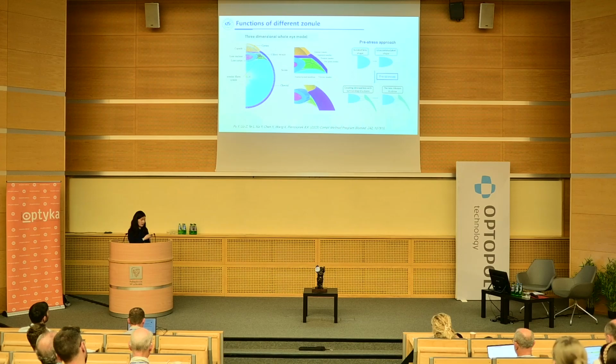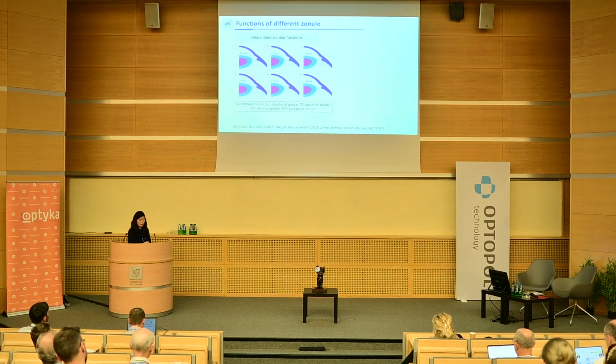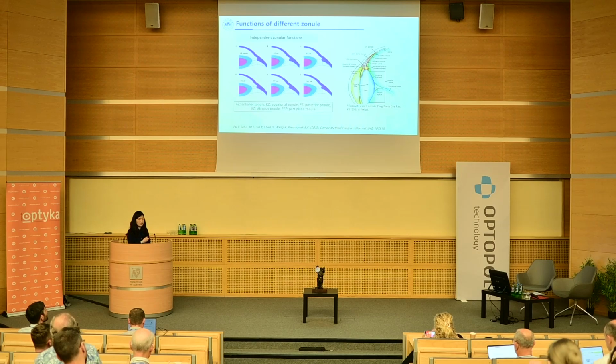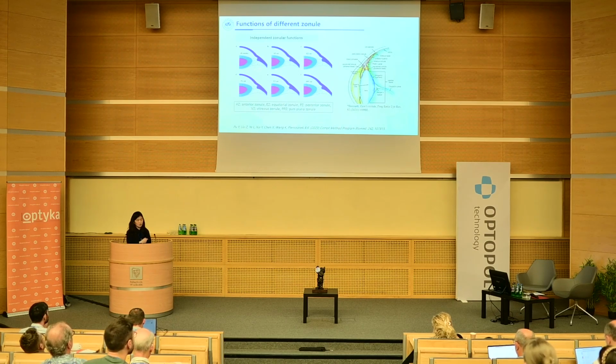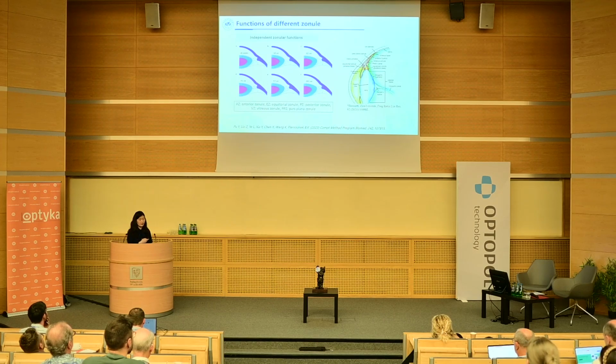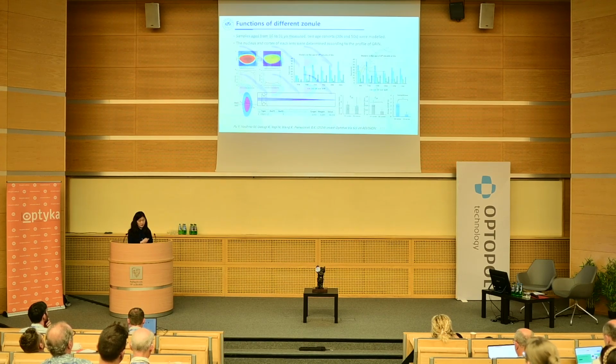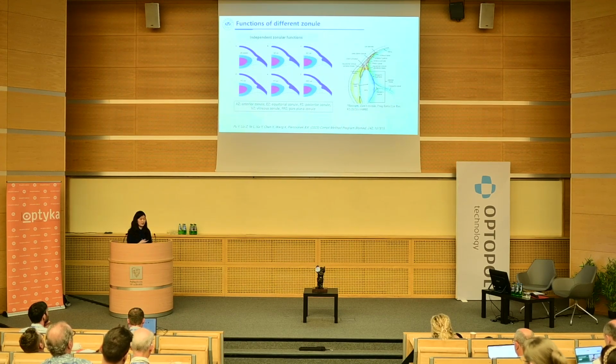So with this pre-stress approach, we then further considered the independent role of different zonules with a number of comparison models, cutting 1 zonule in each model. And then we can compare their resultant central optical powers to see the contribution.